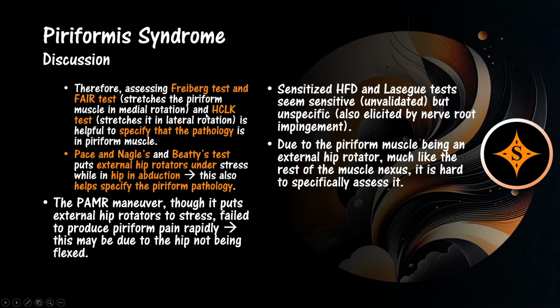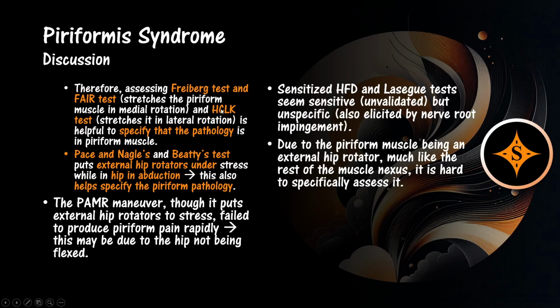Because on HCLK, the hip is extremely flexed, and if you do the lateral rotation, it will oppose the medial rotation of the piriform muscle, as you might have remembered. When the hip is flexed extremely, that is beyond 90 degrees, the piriform muscle now adopts a function of medial rotator.